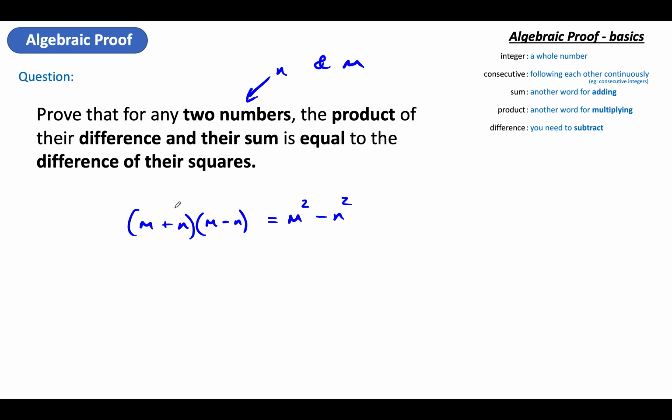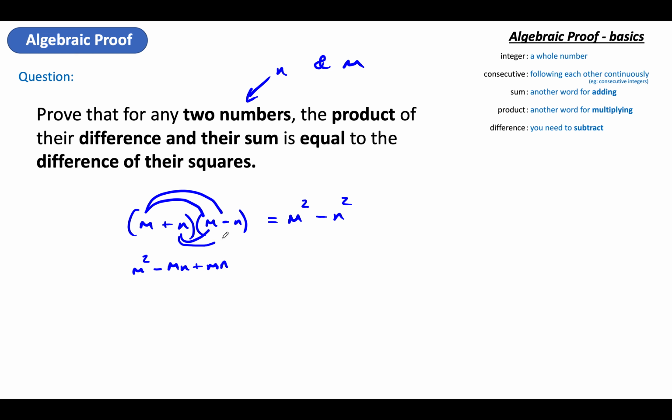So let's multiply out this bracket. FOIL. First, m times m is m squared. Outers. M times negative n is negative mn, or mn, doesn't matter which way round. Inners. N times m. Well, that's positive because they're both positive. And that's mn.